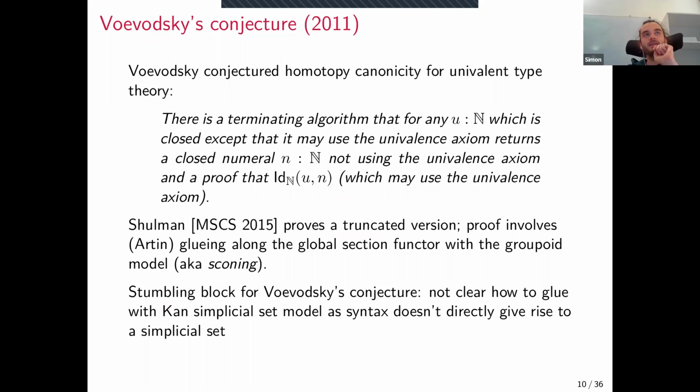And it's also connected to Voevodsky's conjecture. Vladimir Voevodsky conjectured homotopy canonicity for univalent type theory, so for MLTT plus the univalence axiom.